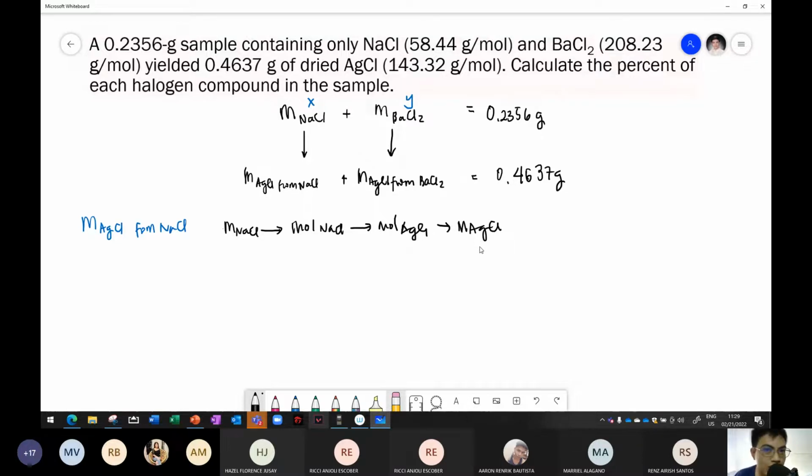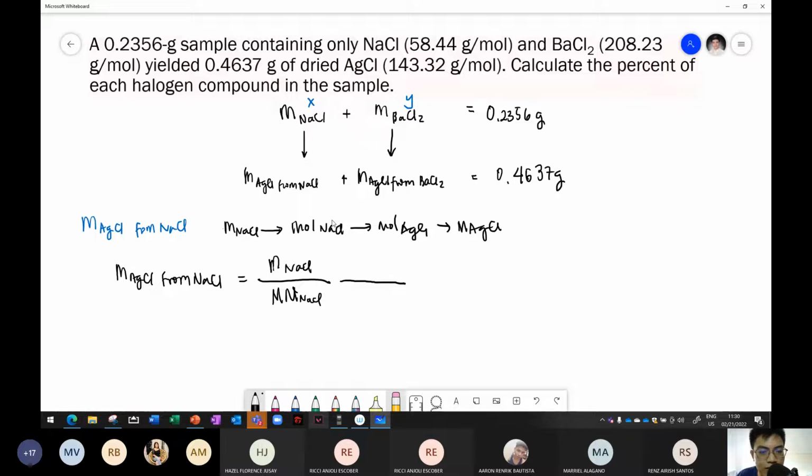So gagawa ka ng stoichiometry equation, okay? So you write mass of AgCl. So again, how will you convert this into an equation? So basically, ganito lang yan. So itong first arrow, that's mass over molar mass, di ba? Okay, molar mass.